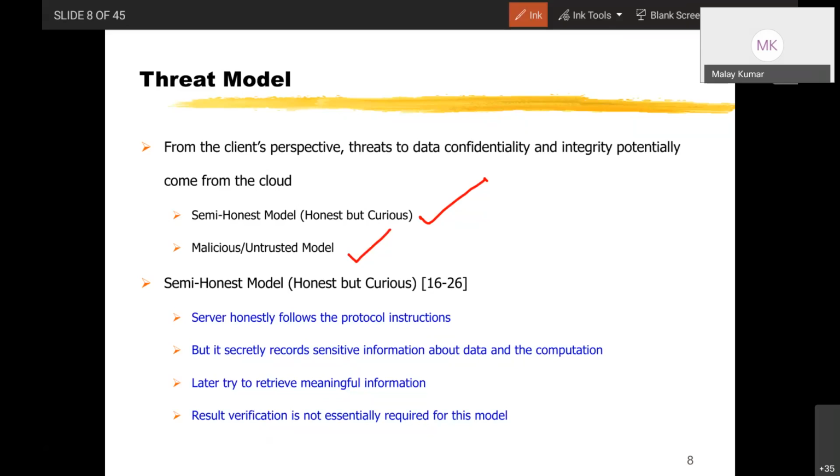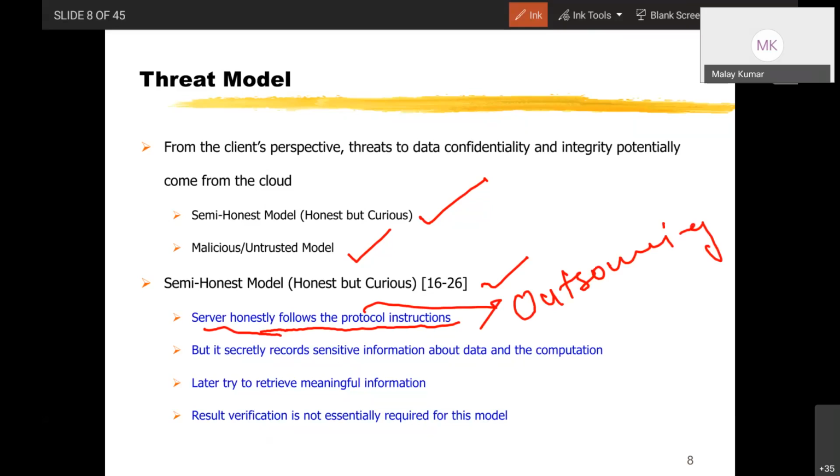In the semi-honest model, the cloud server honestly follows the outsourcing algorithm, but it secretly records the sensitive information about the data and computation.